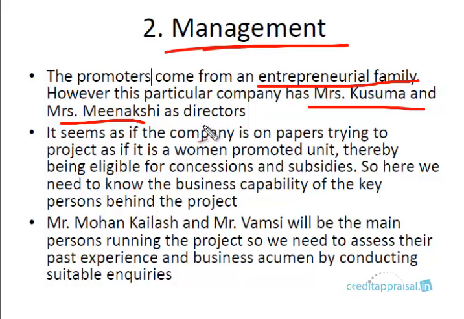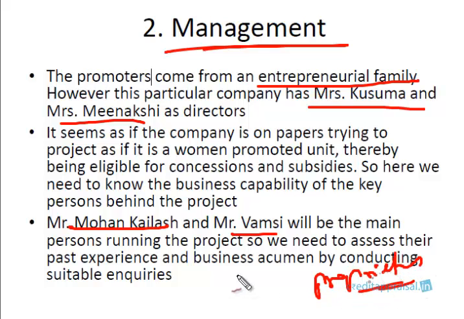This is something that happens quite often. The actual people, in this case Mr. Mohan, Kailash and Vamsi, might not be the directors of the company. It happens, especially in small proprietorship firms.